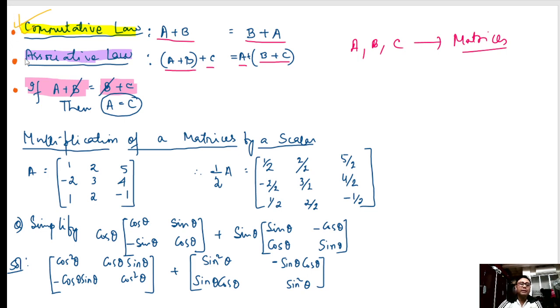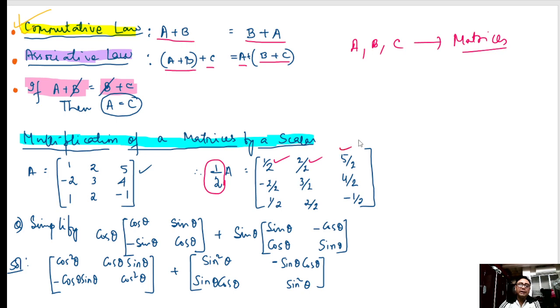Next, move ahead to another part, friends, that is multiplication of matrices. Let's see multiplication of matrices by a scalar. So see here what we are doing. This is a matrix, and if I want to multiply it with a scalar number, that means all the elements get multiplied with the same number.